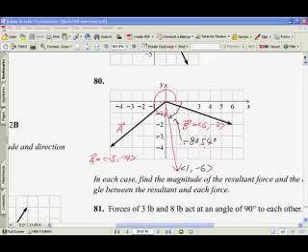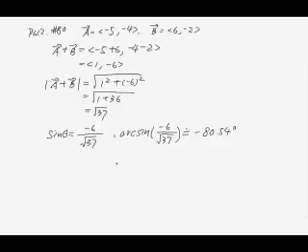Then we get the direction angle of this resultant. So let's come back to the whiteboard. So the direction angle theta is equal to 360 degrees plus negative 80.54 degrees. And then we get 279.46 degrees. And then we find this direction angle.